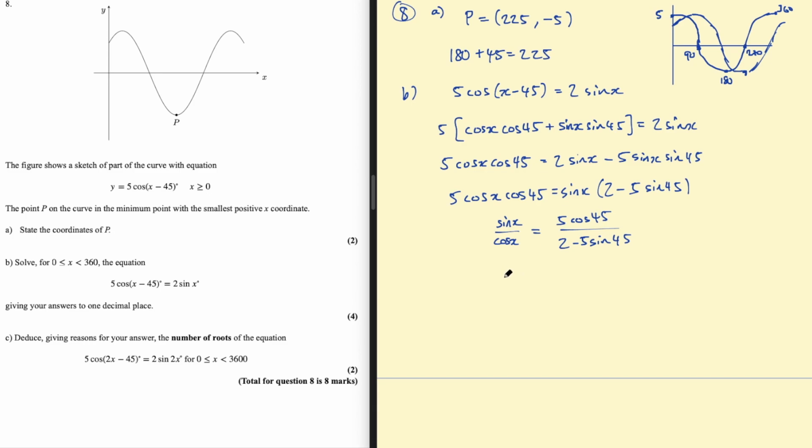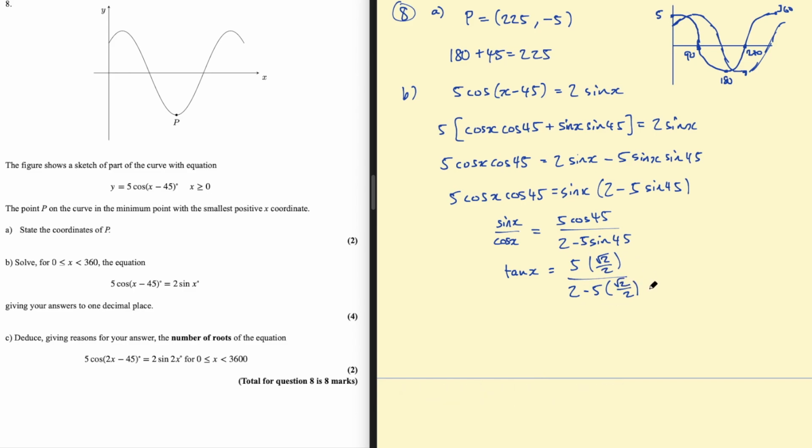And then we have tan of x equal to this, which has a value because we can substitute in root 2 on 2 for cosine 45 and sine 45. Root 2 on 2 or 1 on root 2, either way, they're the same thing. And you need to know those absolute values.